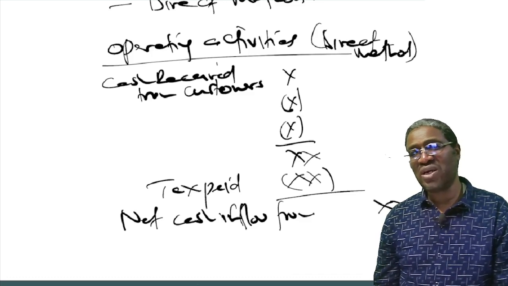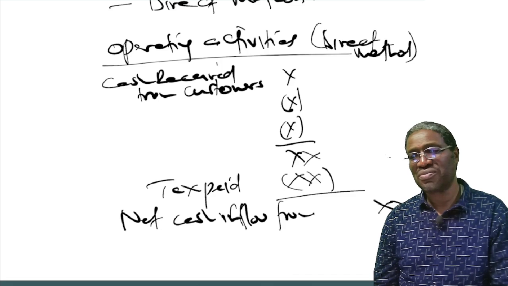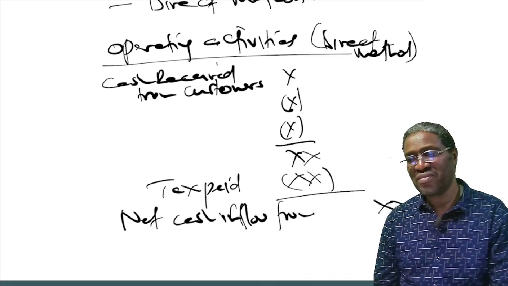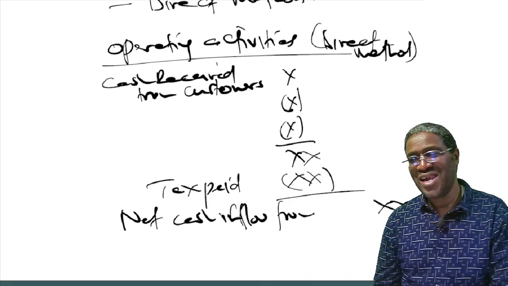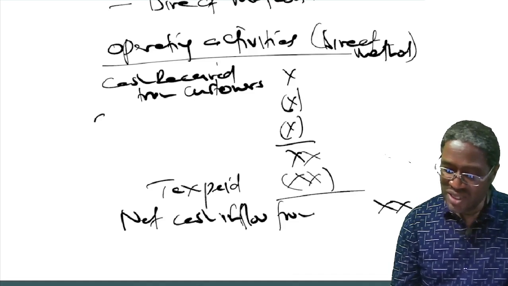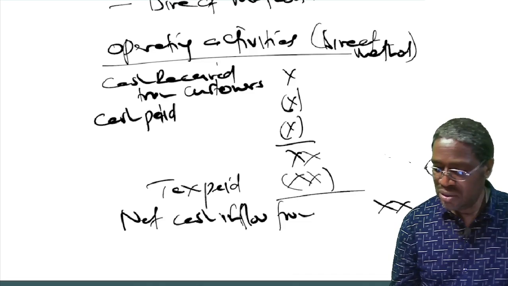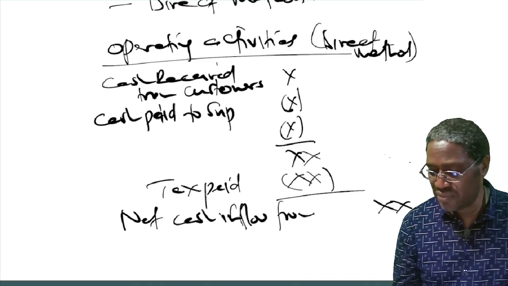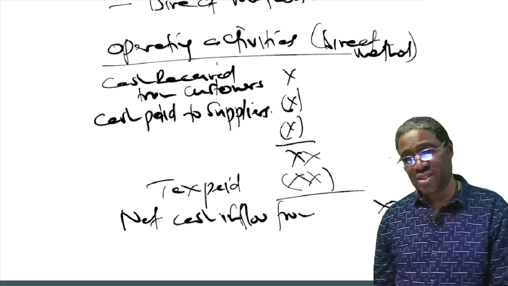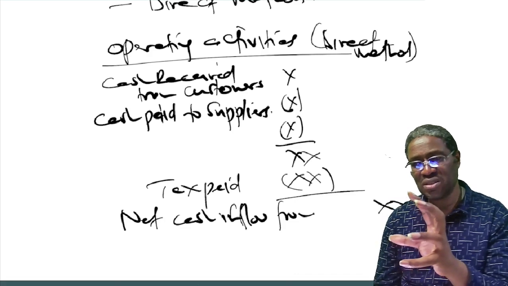Somebody can now get the second one? Are you able to remember the second one now? Okay. The second item is what we call cash paid to suppliers. To all your suppliers as a company.